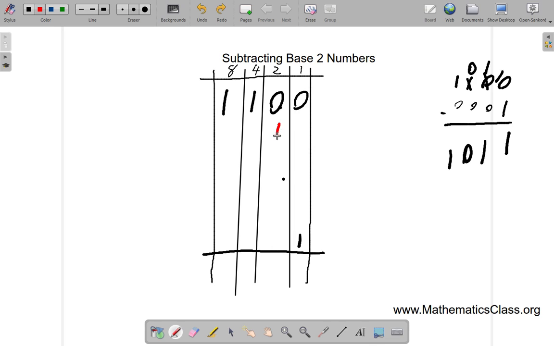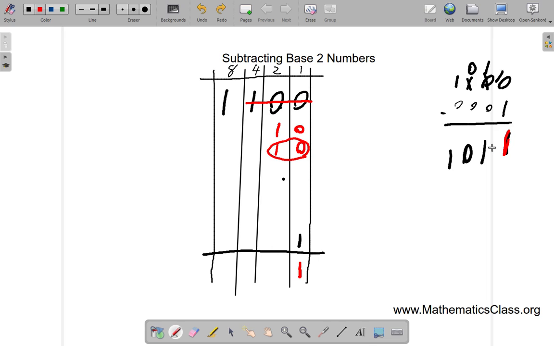So we have 1 two here and 1 two here. Now this 1 two, you can think of it as 2 ones. This 2 ones minus 1 one gives you 1 one.